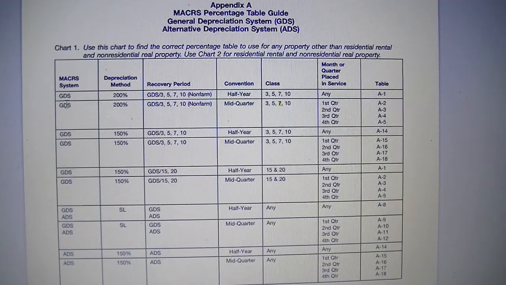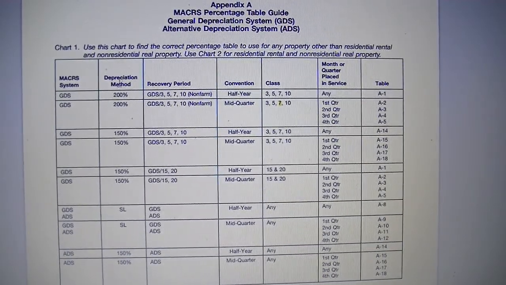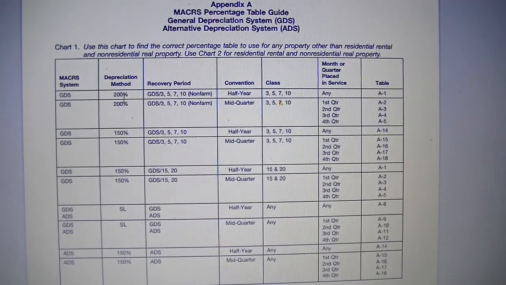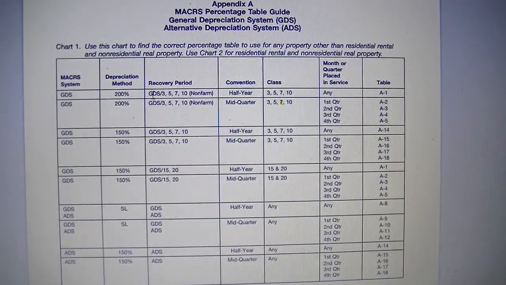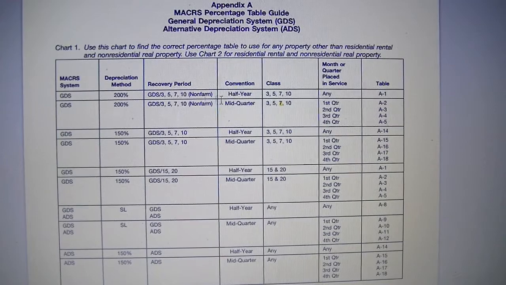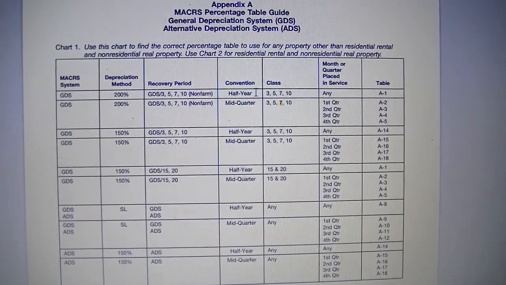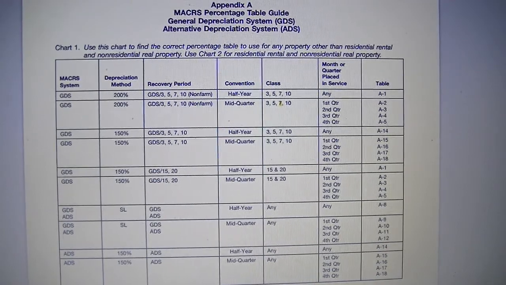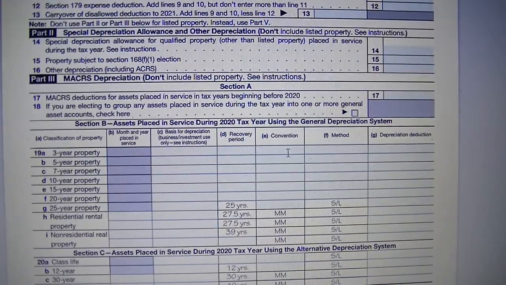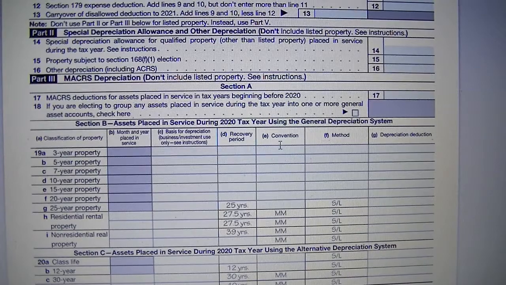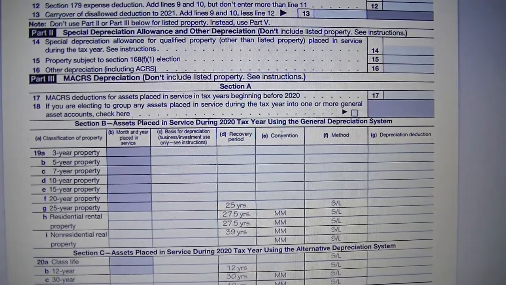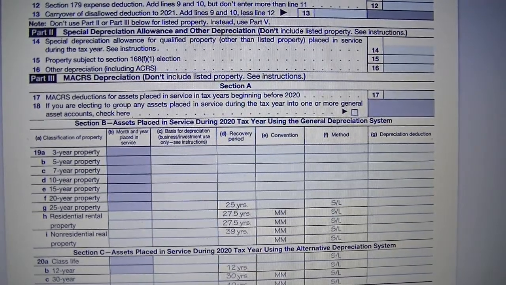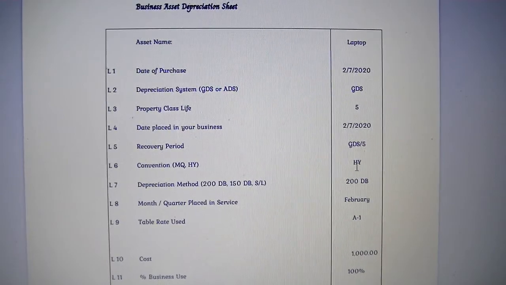The depreciation system GDS, we want to use depreciation method 200%. The recovery period is 5, and convention half year we have HY. And in case I didn't mention it, convention half year will go here under column E, convention HY.